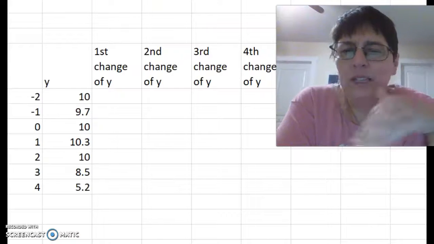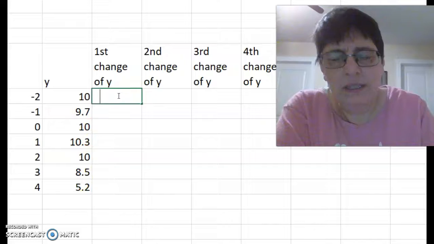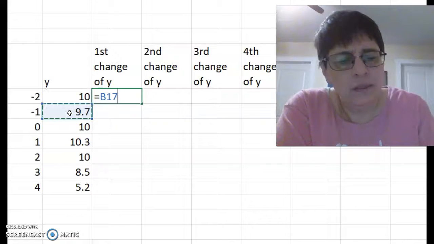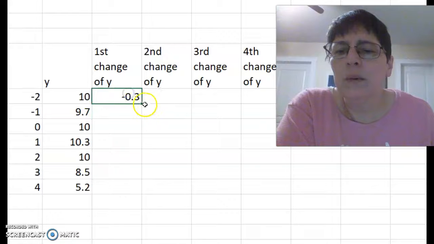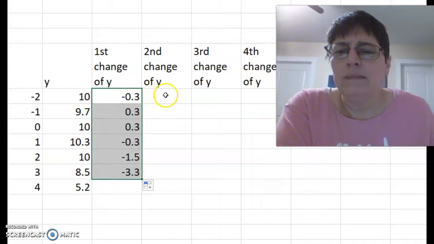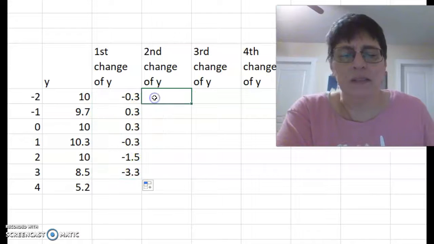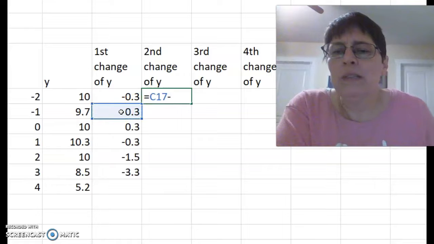Okay, so coming down here, let me pause again. I can only change the screen size if I pause. So, same again, equals this one minus the one above it. Enter. Pull it down. Oops. Wow. Okay, it almost looked the same. Equals bottom minus the top.